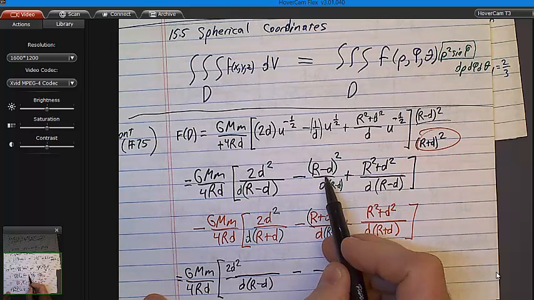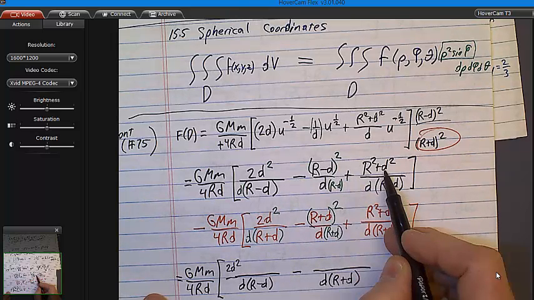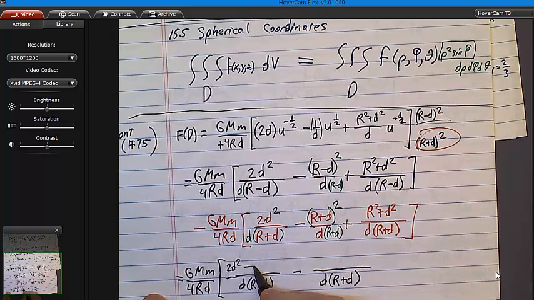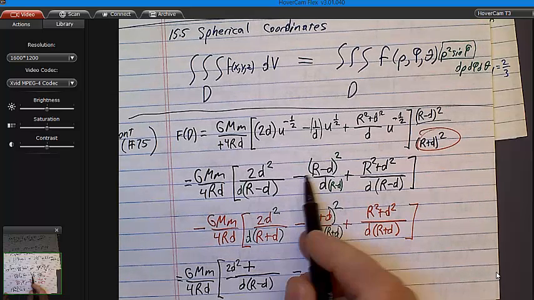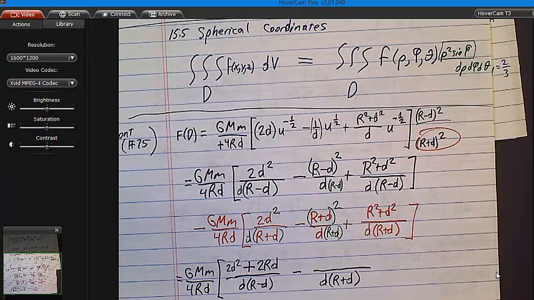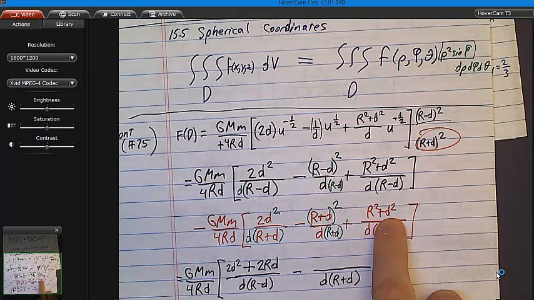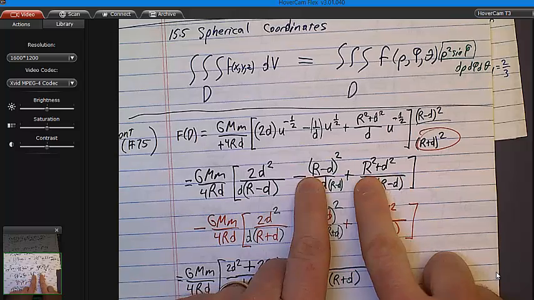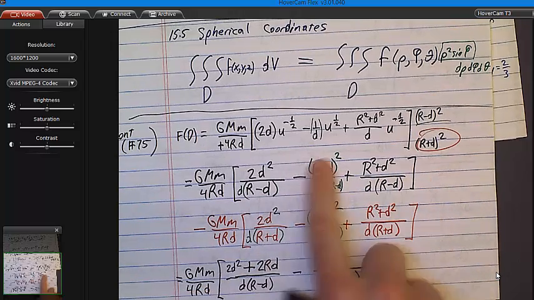I'm going to subtract d squared, and I'm going to add d squared. That's gone. The only thing that's going to stick around is we're going to subtract negative, so it becomes plus 2rd. I claim that's the first fraction. Do you get that? Wait a minute. Where did that d squared go? Cancel with that d squared. Where did that r squared go? Cancel with r. Well, sorry, wrong one. The only thing left here is the 2rd.